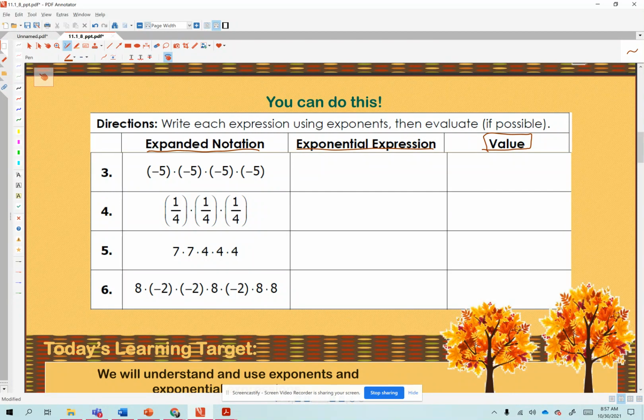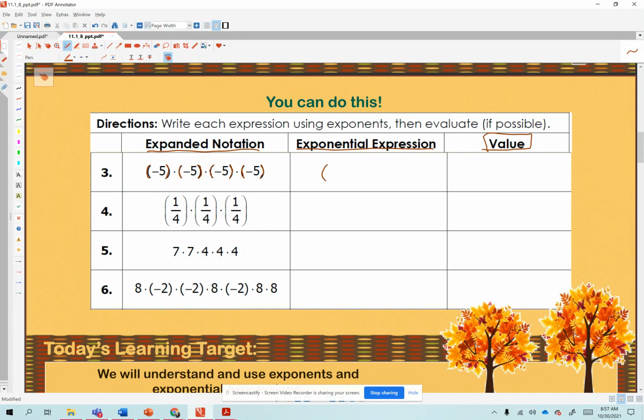So we have negative 5 times negative 5 times negative 5 times negative 5. Okay, so the first thing I want to talk about is these parentheses. Those are extremely important. When we have the negative sign included in the parentheses, we must keep it there.